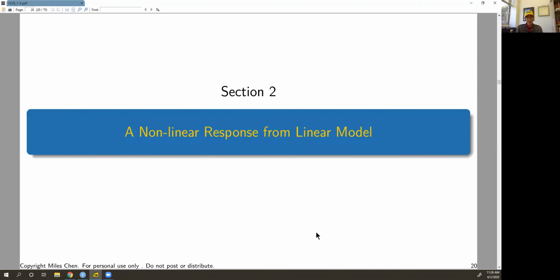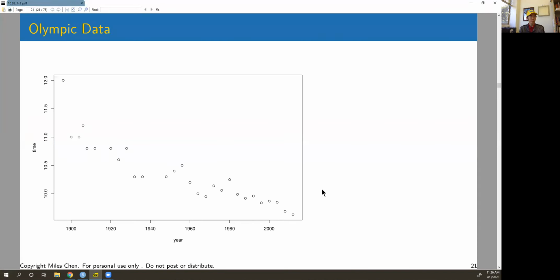All right, so what we are going to do now is see if we can get a non-linear response from our linear model. When we talk about multiple linear regression, we are not saying that everything we predict has to be a perfect straight line. That's not what we are saying.